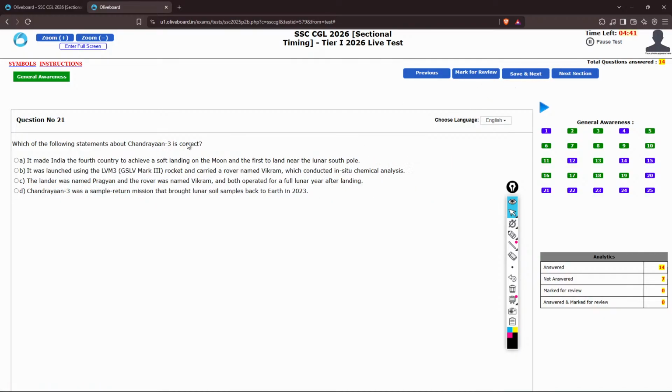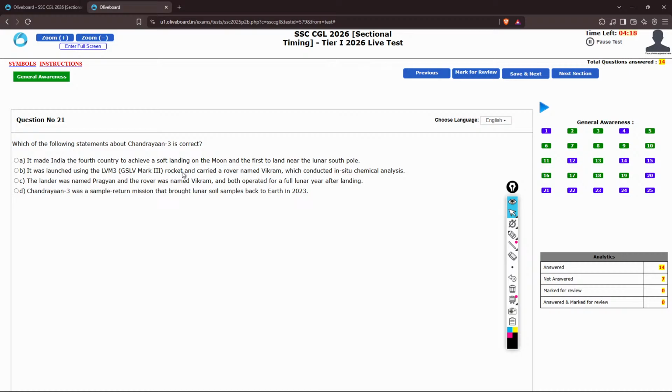Chandrayaan 3 is correct. Sample return mission. No, definitely not. Name lander Vikram or Pragyan rover, operated for a full lunar year after landing. Large vehicle.